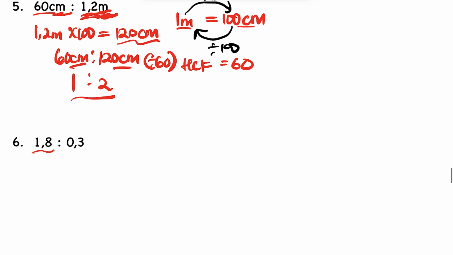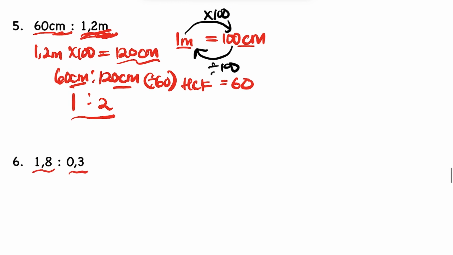It's 1.8 is to 0.3. So what do we do there? We check how many 0.3s in 1.8. It's very important there. So if you say 1.8 divided by 0.3 in your calculator, you'll find 6.